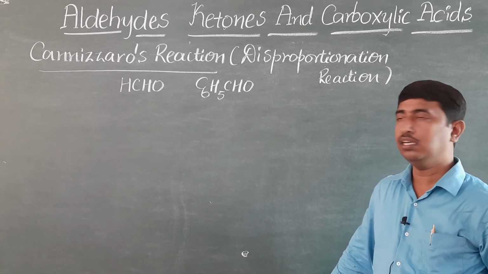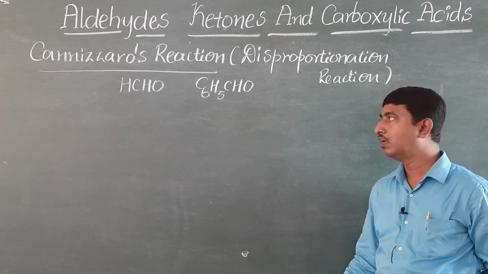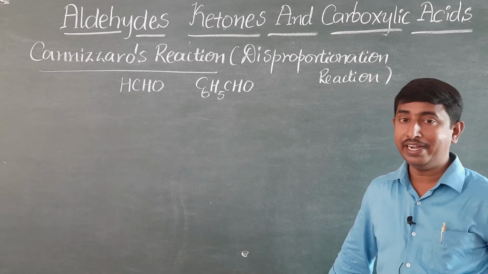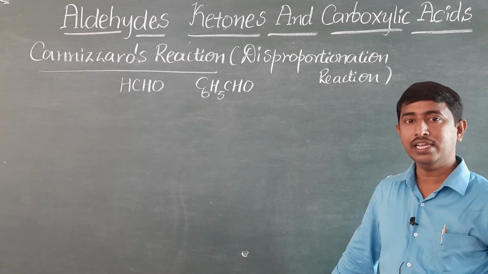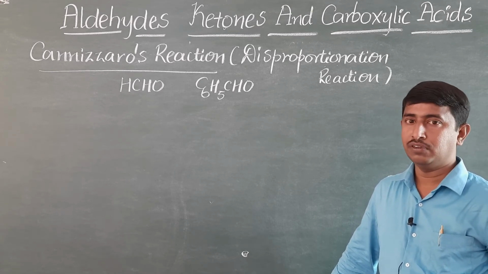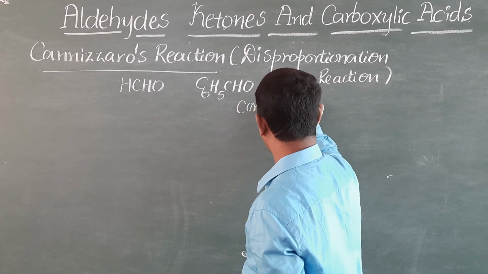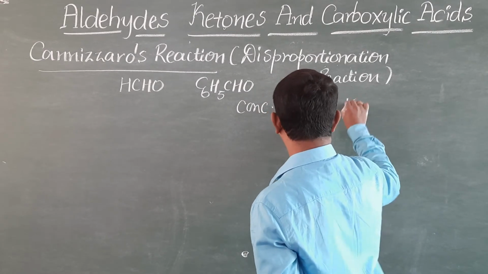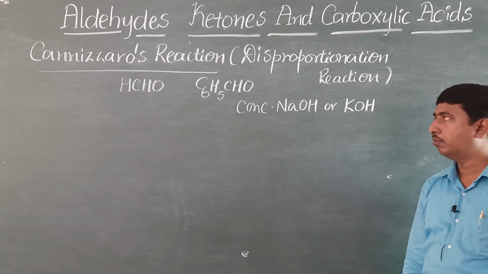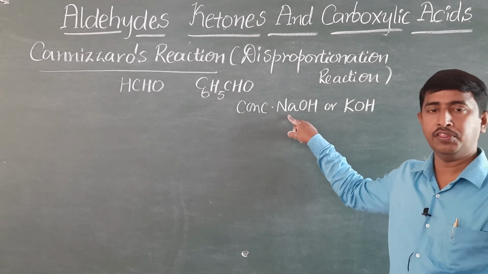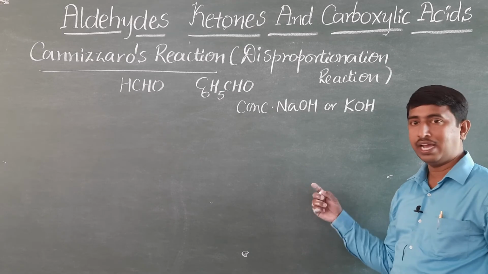Aldehydes which do not contain alpha hydrogen, that is either formaldehyde or benzaldehyde, are heated in the presence of a concentrated solution of a base, that is concentrated sodium hydroxide or concentrated potassium hydroxide.